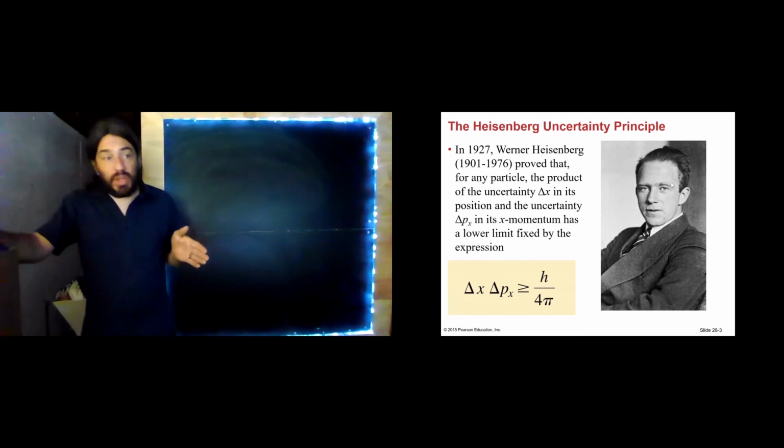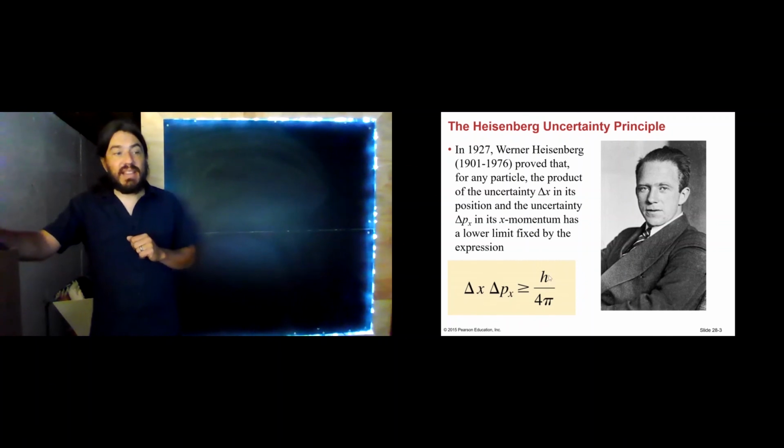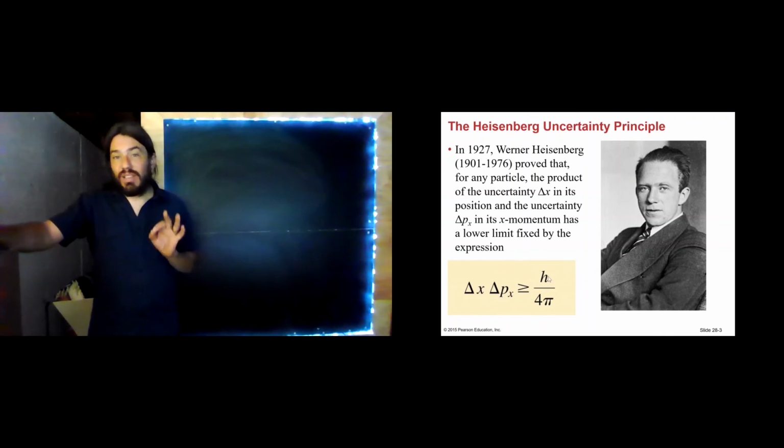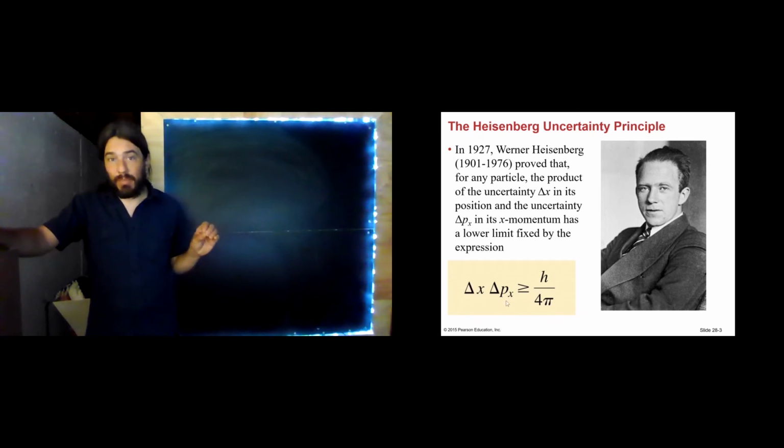And so what Heisenberg's uncertainty principle says is that there is a lower limit on how well we can know the position times the momentum. In other words, if we know one of these things really well, then we know very little about the other. If we know exactly where the particle is, then we know nothing about its momentum. Alternatively, if we know exactly what its momentum is, then we know nothing about where it is.